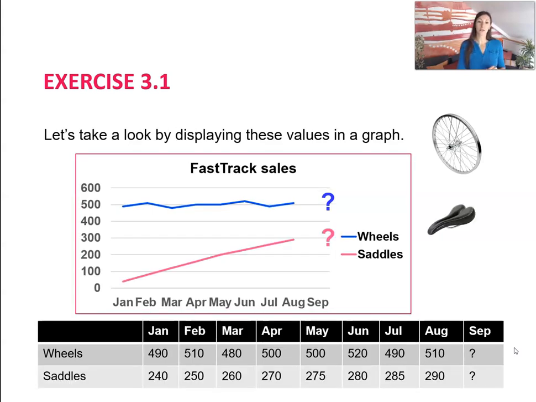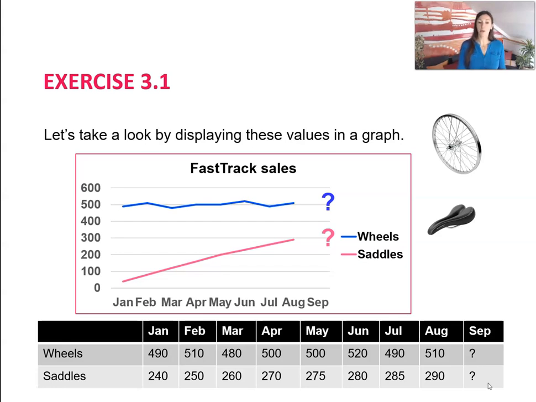Let's look at saddles. You can see how the pattern of the sales data is quite different from what we had for wheels. And here are the numbers. In January we sold 240, then 250, 260, 270, 275, 280, 285, and 290. Based on these numbers, what kind of calculation do you do in your mind? And based on those, what is your guess for the forecast in September?